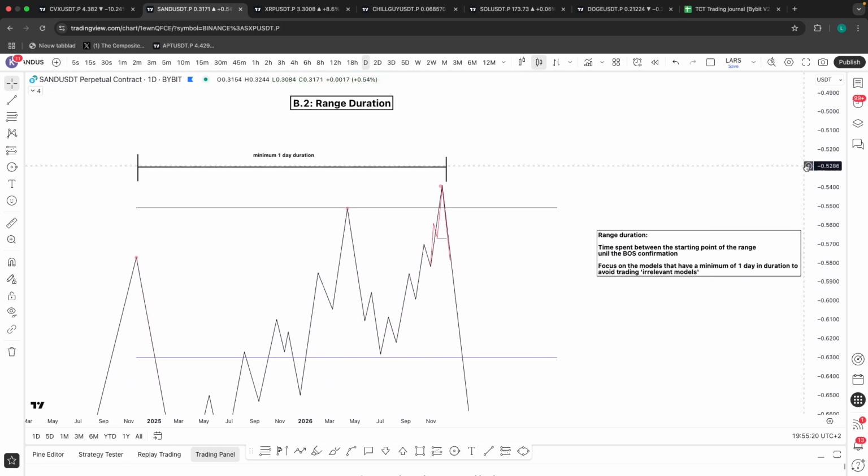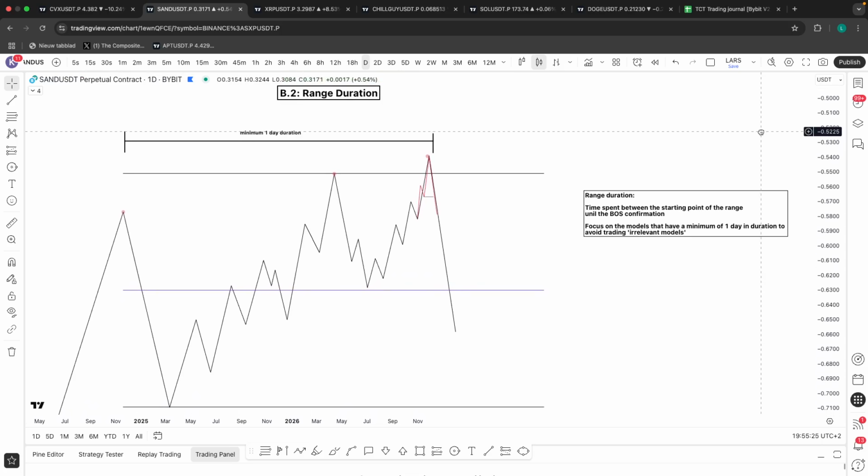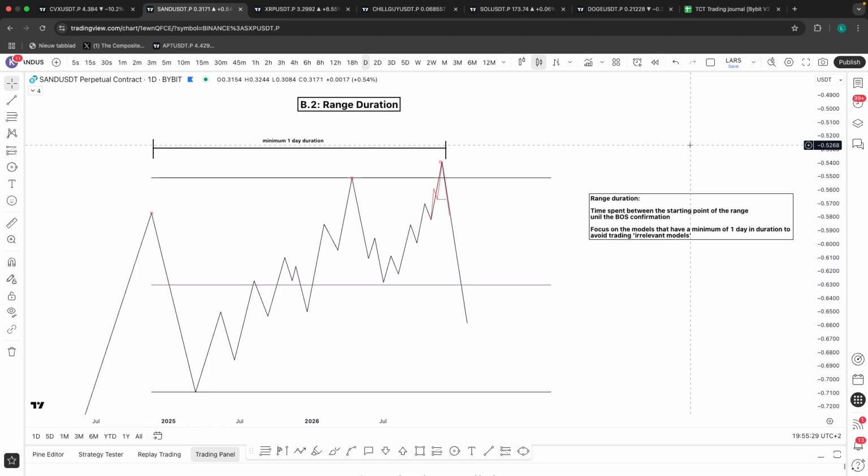And range duration is something that I've added more recently to my trading, mainly because I struggled elaborating to members why I did not take a certain model that did meet the return to zone requirements and the other requirements that we're going to be diving into. I always just stated, yeah, the model is irrelevant.